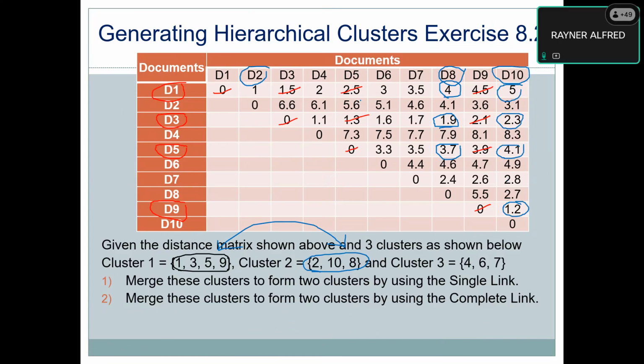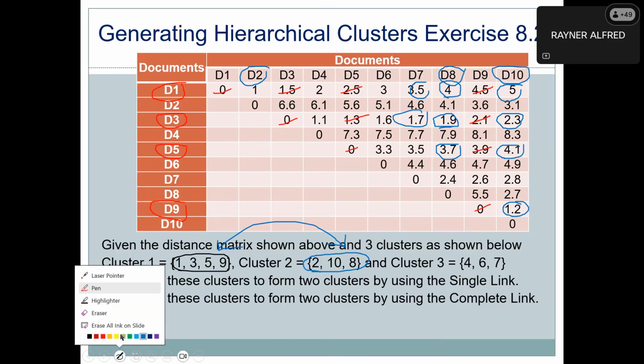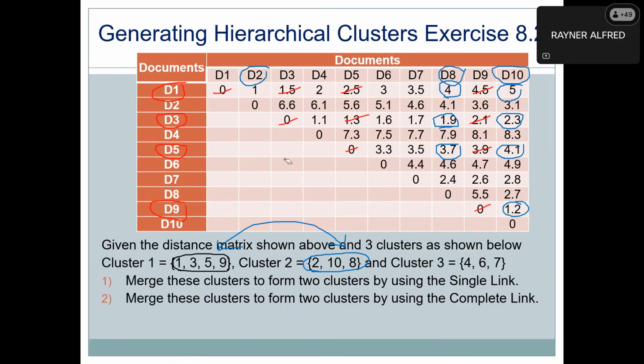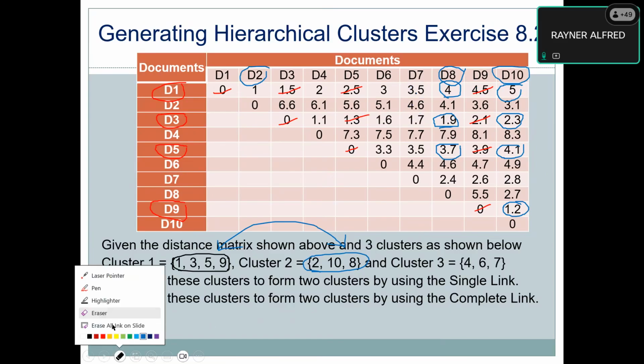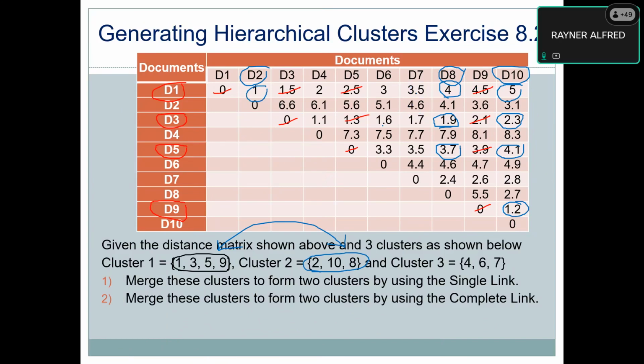Over here we have D7, but that one belongs to the other cluster, so we don't need to include it. So we have this one, red going to the blue one, and the shortest one will be this. Highlight this.